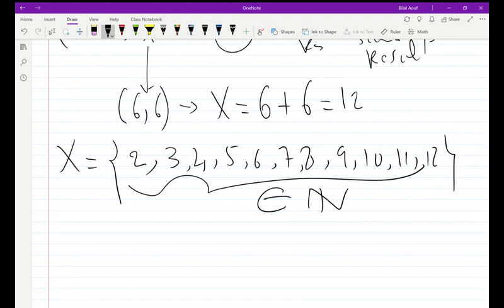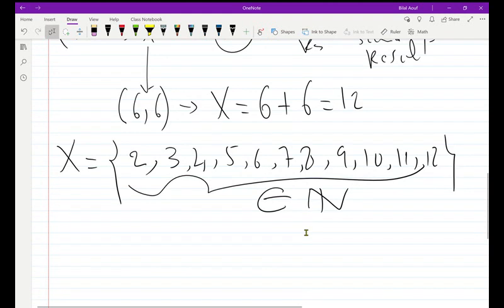So in general, I have a statistical experiment. The statistical experiment has omega, the sample space, and then the definition of X is built on the values of omega. In this example, I said X is the sum of the two results obtained in each trial. It can be the product of them.